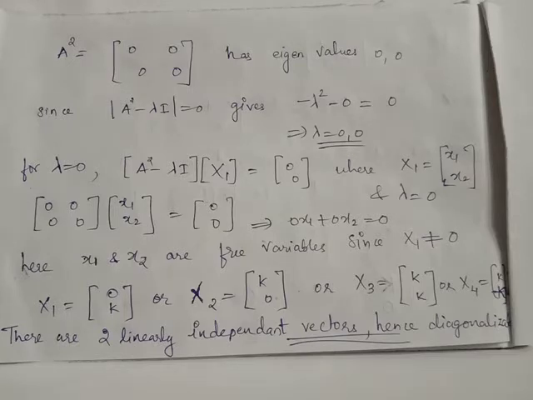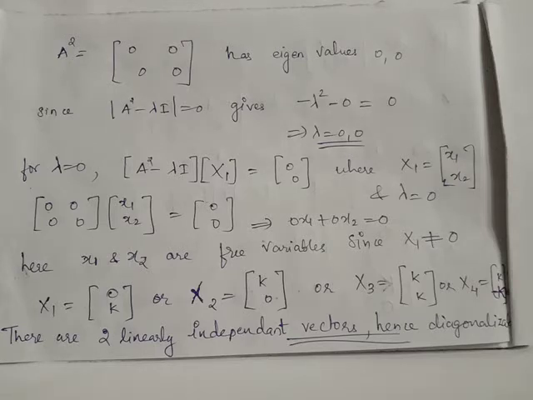Since we have to maintain the non-zero condition for the eigenvector, we assume that at least one of x1 and x2 is non-zero. First, take x1 equals 0 and x2 non-zero, so we have the eigenvector (0, k). Next, assume x1 non-zero and x2 equals 0. Then we have the eigenvector (k, 0).